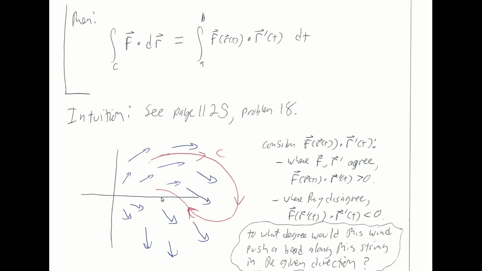And so in our calculation of the line integral of this vector field along this curve, we have this dot product. So let's think about that dot product right here.